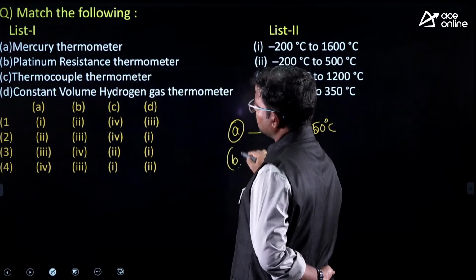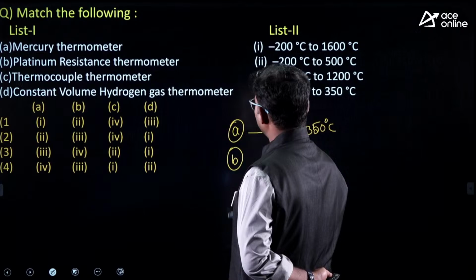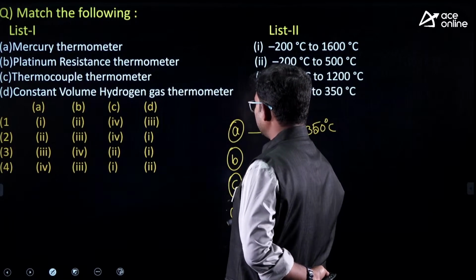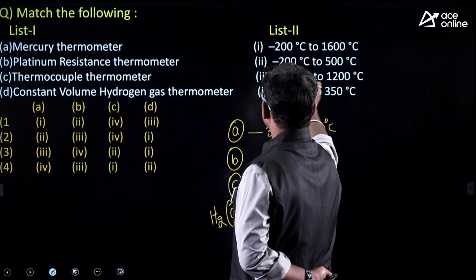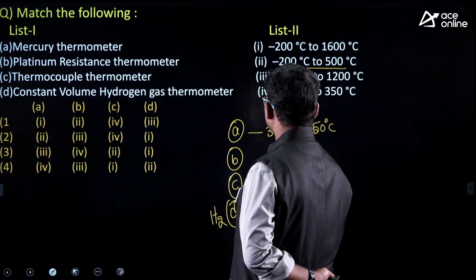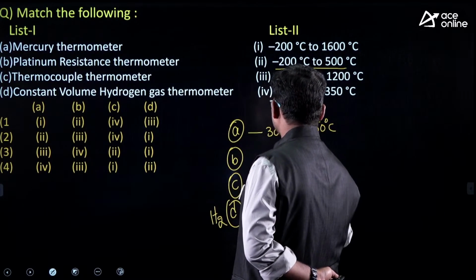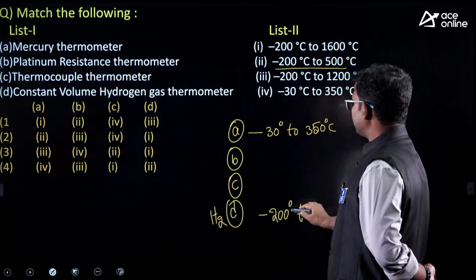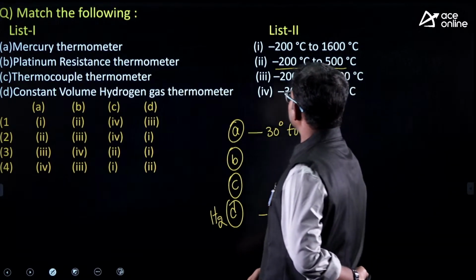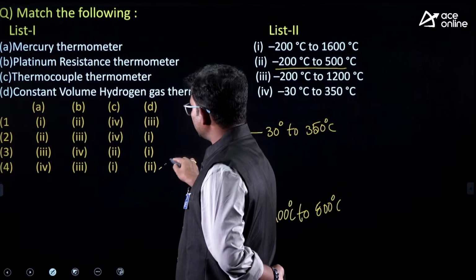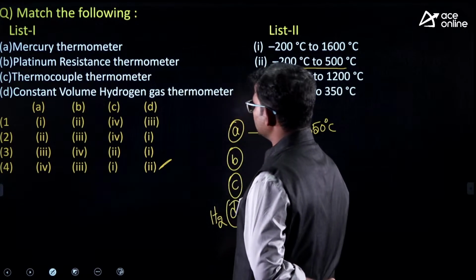Next B, C, next D, right. Hydrogen thermometer, its range is minus 200 degrees centigrade to 500 degrees centigrade. So that's why here we get 2, option D 2, right.